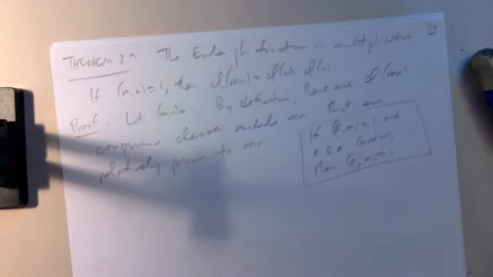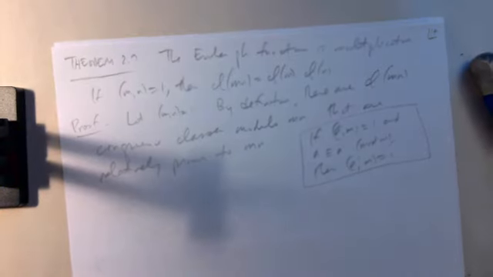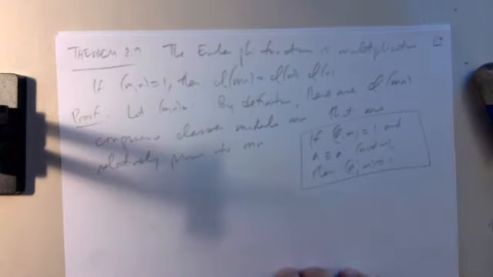So if one element in a congruence class mod M is relatively prime to M, every integer in that congruence class is relatively prime to M.